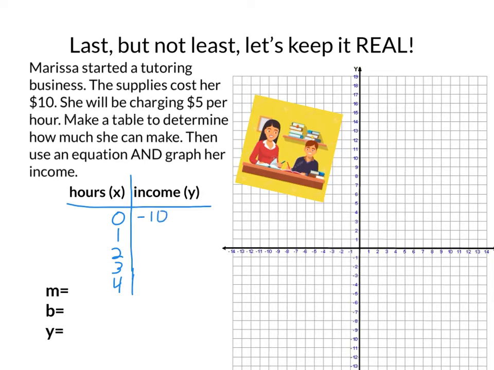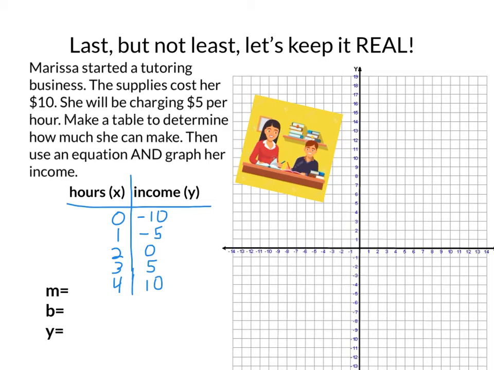After 1 hour of tutoring, she is only down $5. After 2 hours, she's earned back the money she spent on supplies. After 3 hours, she's made $5, and after 4 hours, she's made $10, and it'll keep going up from there.